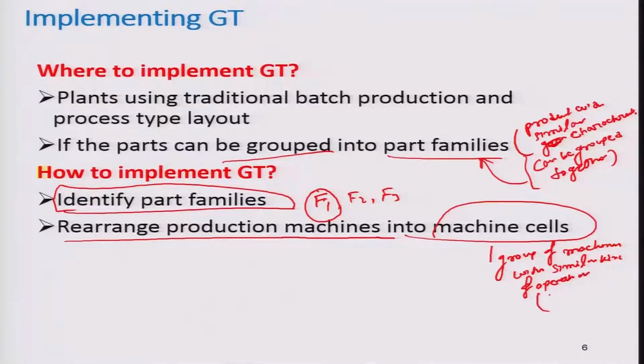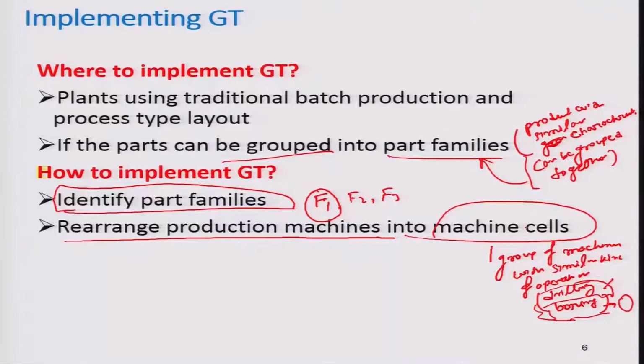For example, a drilling machine and a boring machine. You can put both machines into one cell, because the main task of these machines is to make a hole and to enlarge a hole to a higher dimension. The grouping of machines with similar characteristics is called a machine cell.